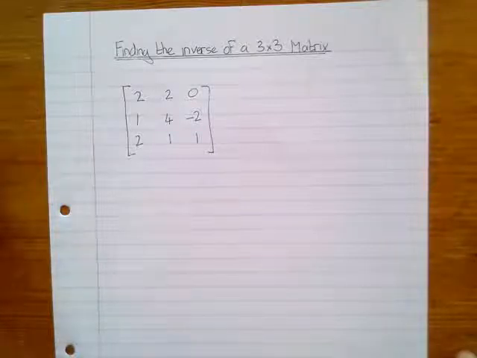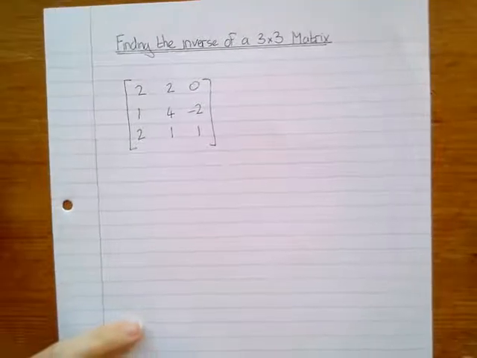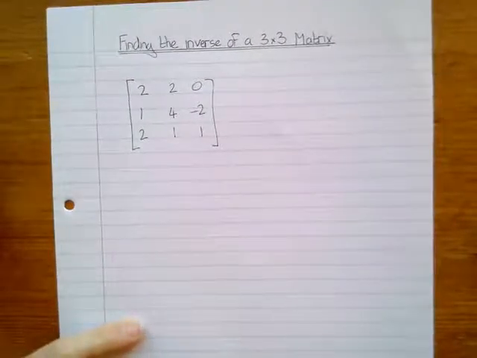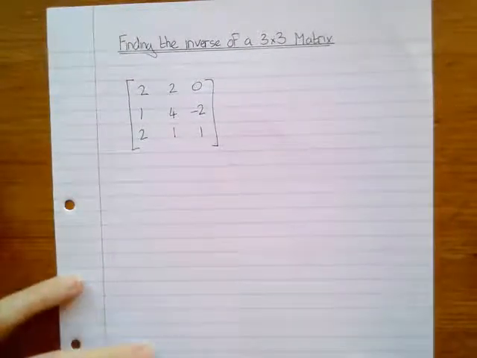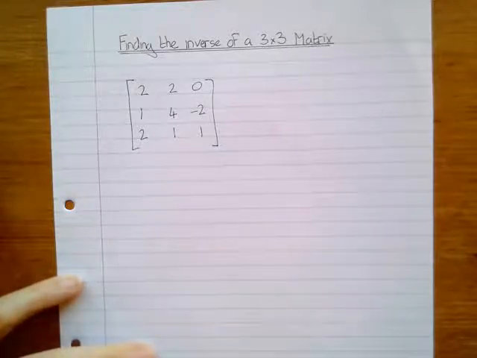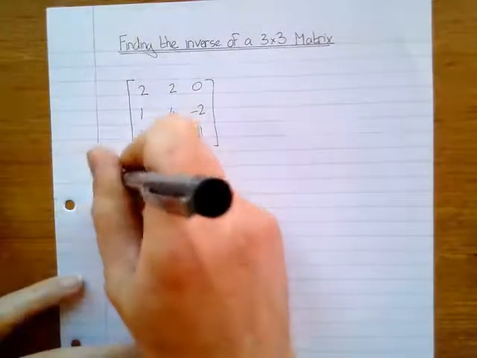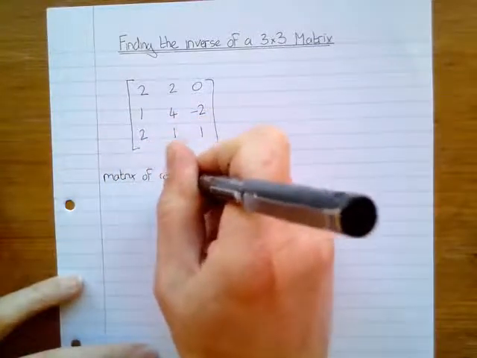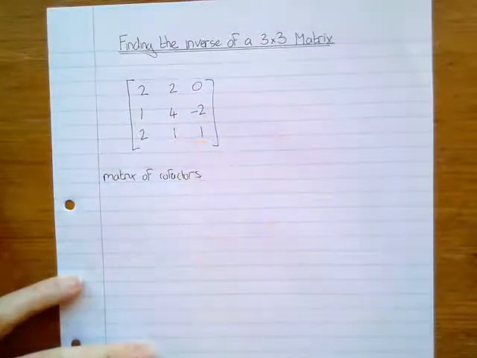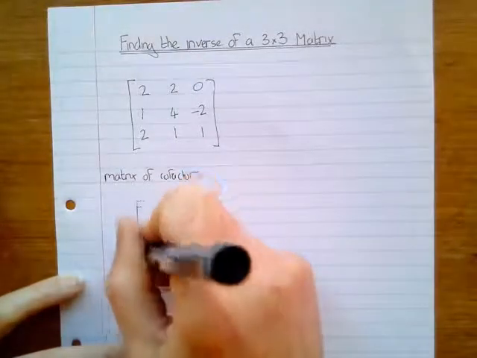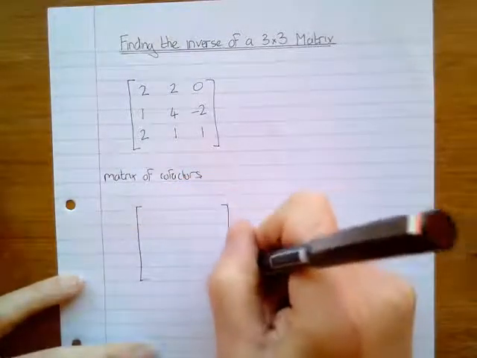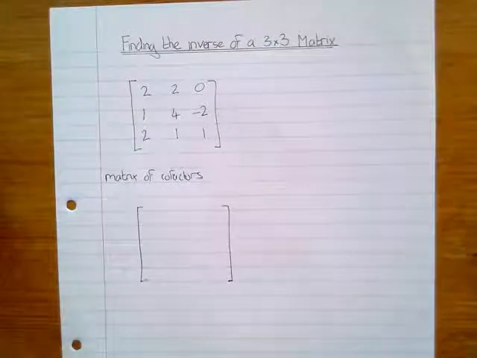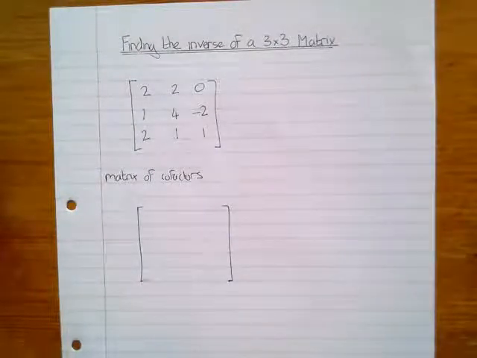I'm not actually going to take you through all the working for this because it would take quite a while. Suffice to say, the first thing we need to do is to find the matrix of cofactors. Now, I'll just do a couple of them so you can see what I'm doing, but you would have to do this for each of the elements in the table yourself.